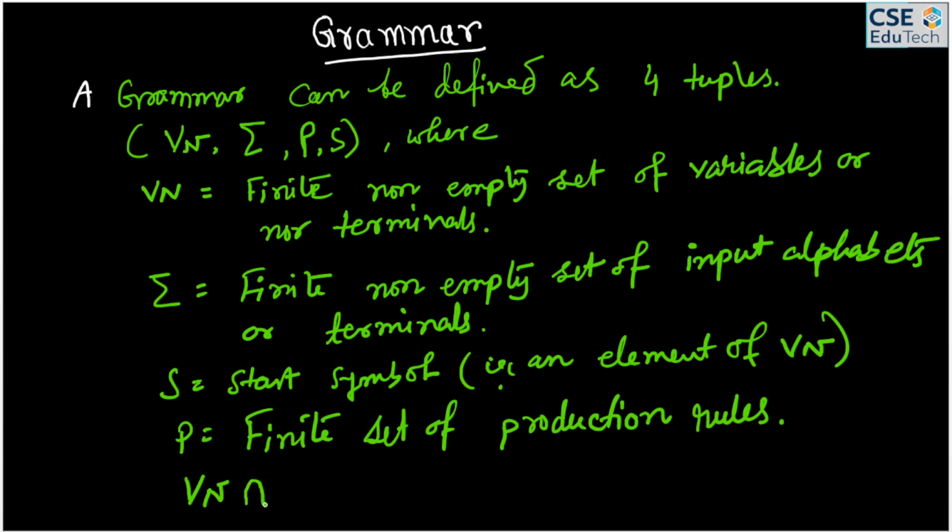If we take its intersection with the finite non-empty set of input alphabet or terminals, it should always be empty. That means Vn and sigma have no common elements.